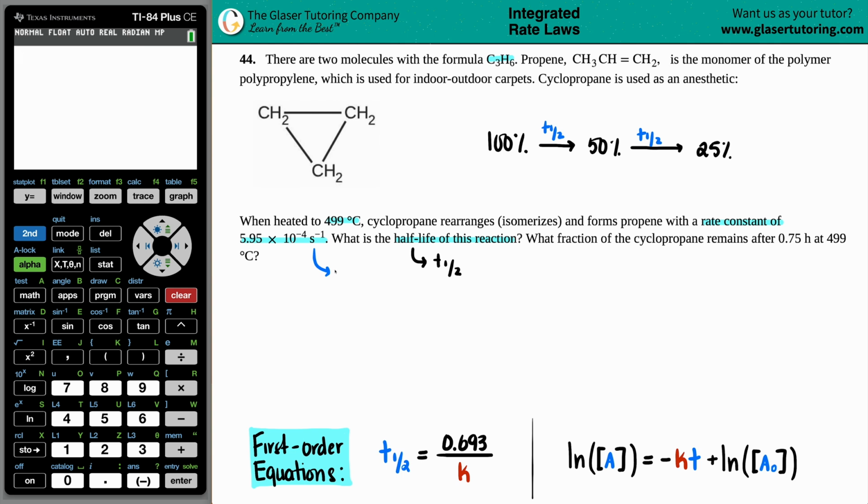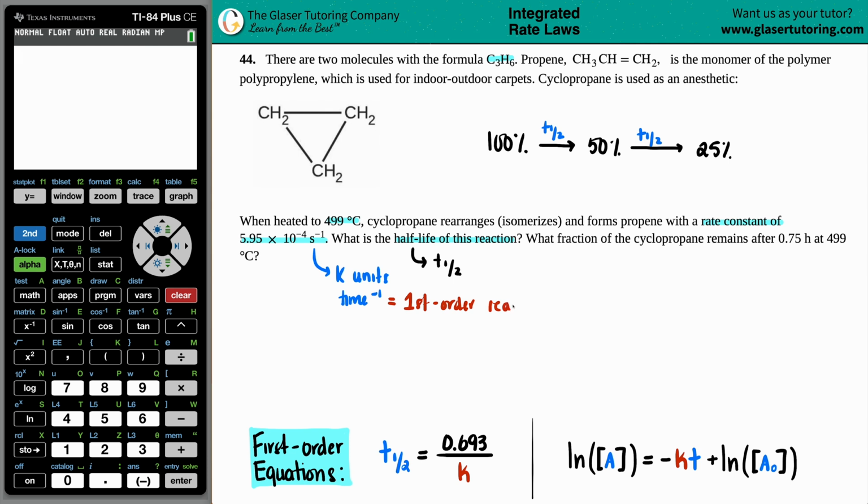If your K units are time to the -1, just time, no molarity, no pressure, no nothing, so seconds to the -1, hours to the -1, minutes to the -1, if your units are only time to the -1, you know that you're dealing with a 1st-order reaction.